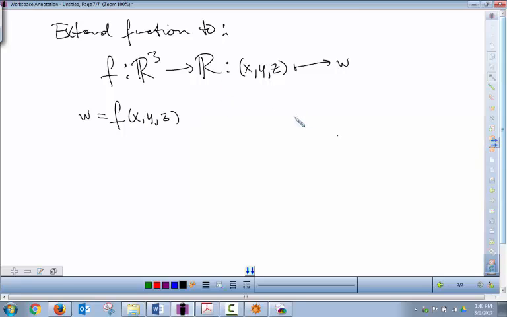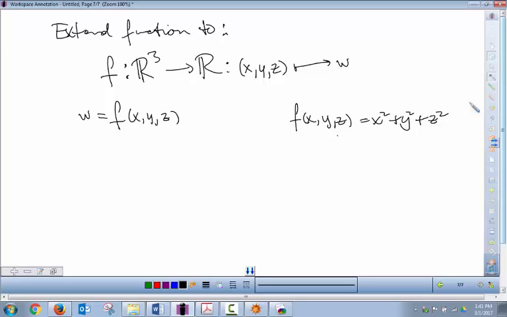And so, can you give me an example of something that would fit this scenario? X squared plus y squared plus z squared. Sounds like it'll work. Right? So that's a function.